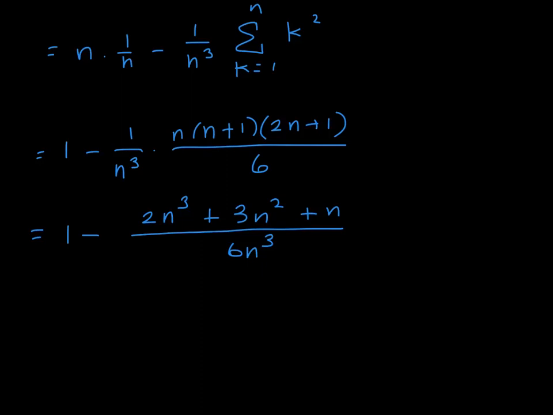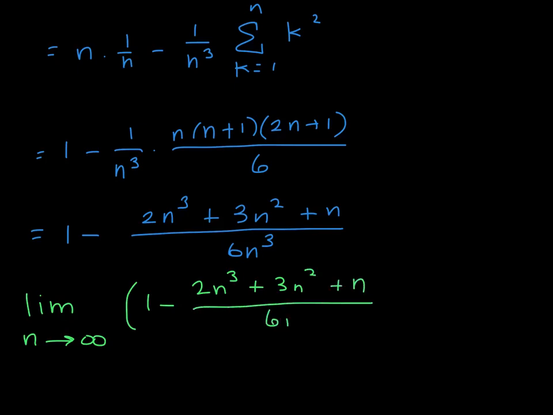So what we're going to do now is evaluate the limit as n approaches infinity. What does that mean? We're using infinitely many rectangles. Why? Well, the more rectangles we use, the more accurate our sum will be. So we are letting n approach infinity.